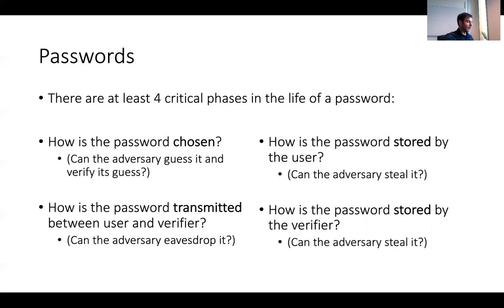If you don't choose good passwords, the adversary might be able to guess your password. Hand in hand with this goes the ability of the adversary to verify their guesses of a password.